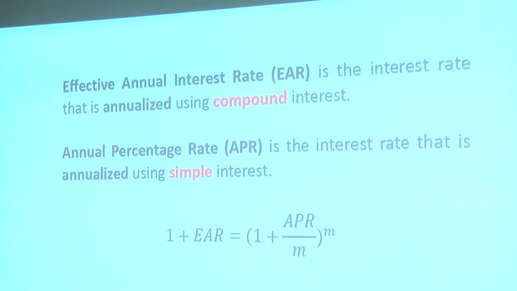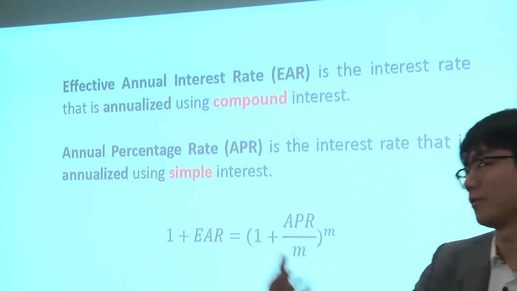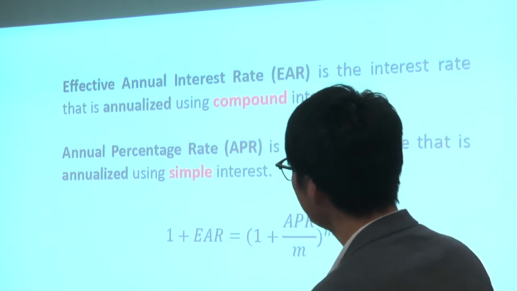Well, not so much. That's a little trick they played. Okay? It's because of the effective annual rate. Yes, your APR is 30%. That means it's the interest rate that's annualized using simple interest. Okay? Which means under simple interest, at 30% APR, you pay $30 a year for owing $100 on your credit card. Okay?